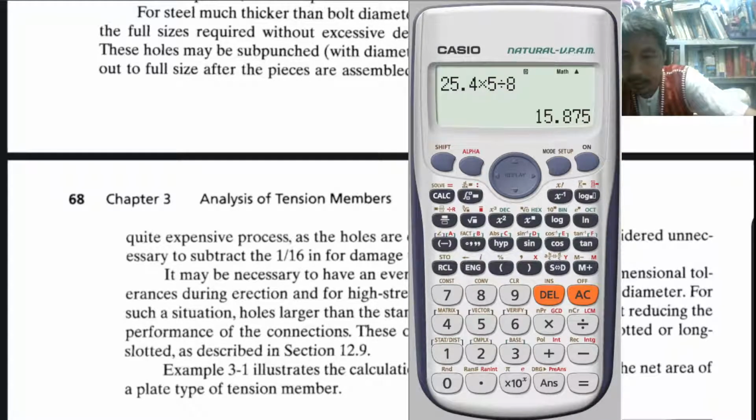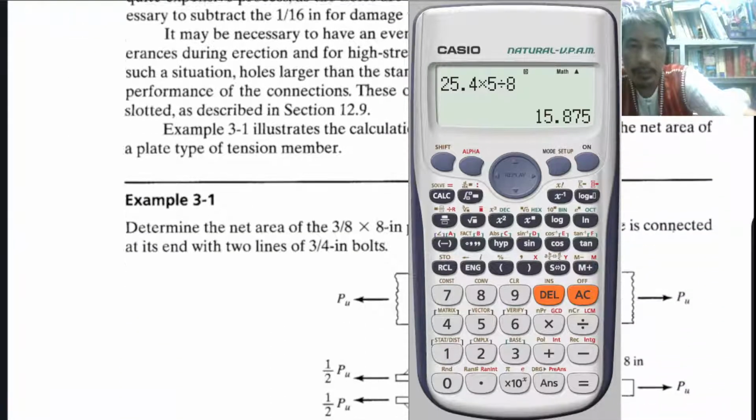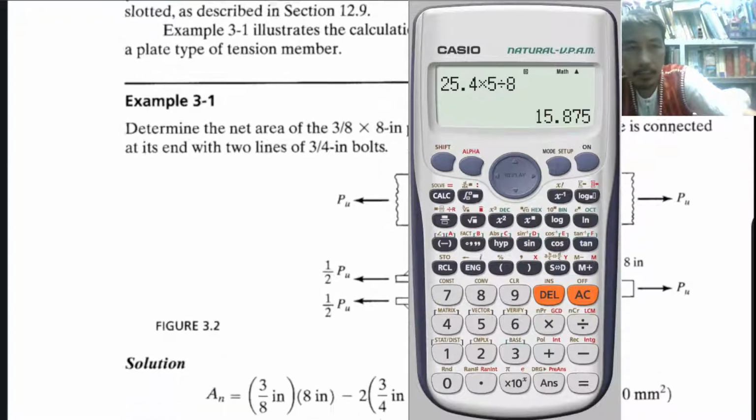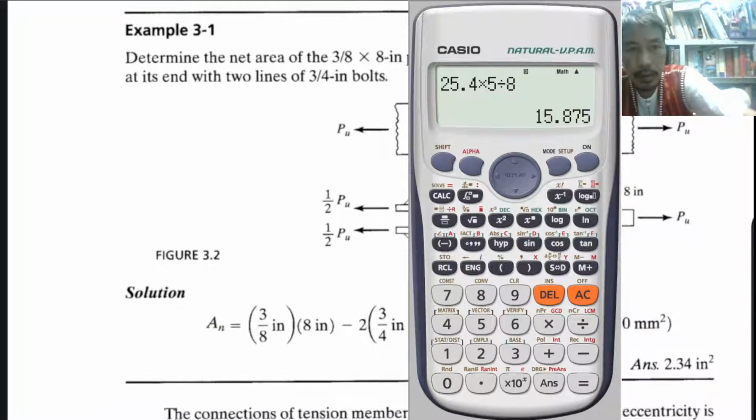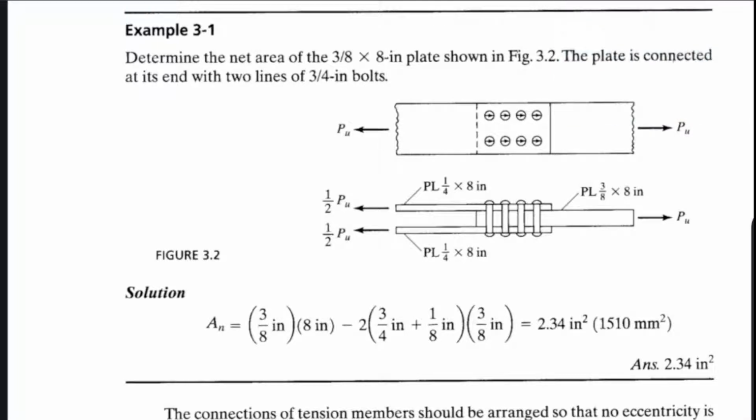So right now we will take a look at an example. Example number 1.